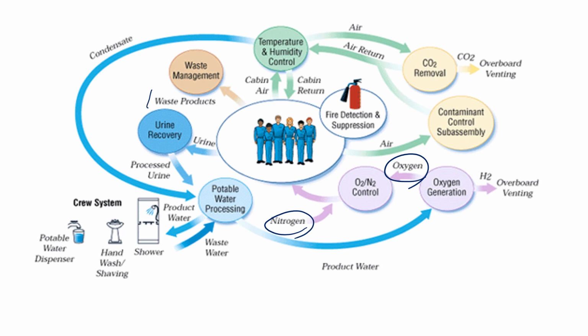When it comes to waste product, like urine, we process urine and make the water drinkable again. Some of the water is used for humidity control.